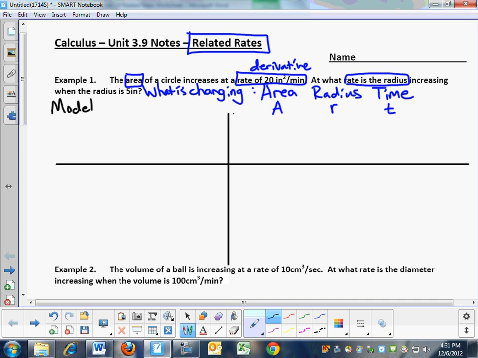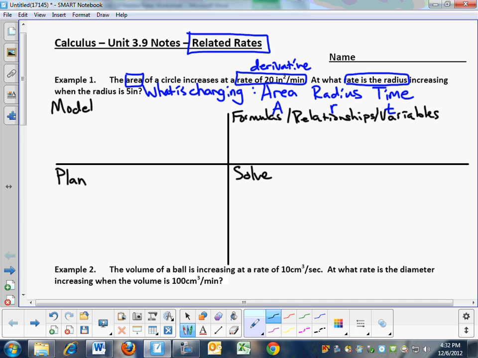Second box, I like to write formulas, relationships, variables, anything like that. This box, I like to come up with a plan. In this box, I like to solve. This is how I do it.